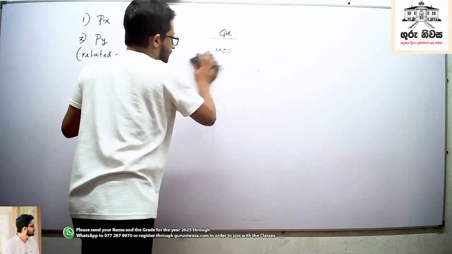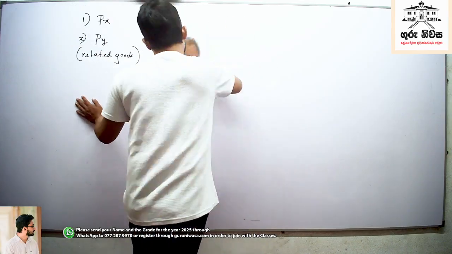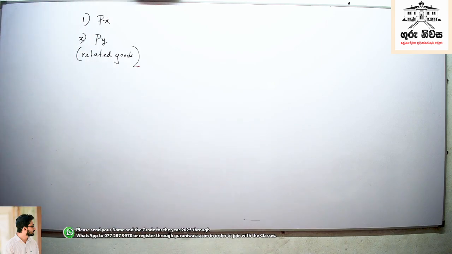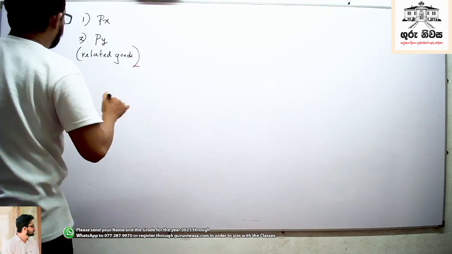I'm explaining the third point: buyer's income. Why buyer's income?